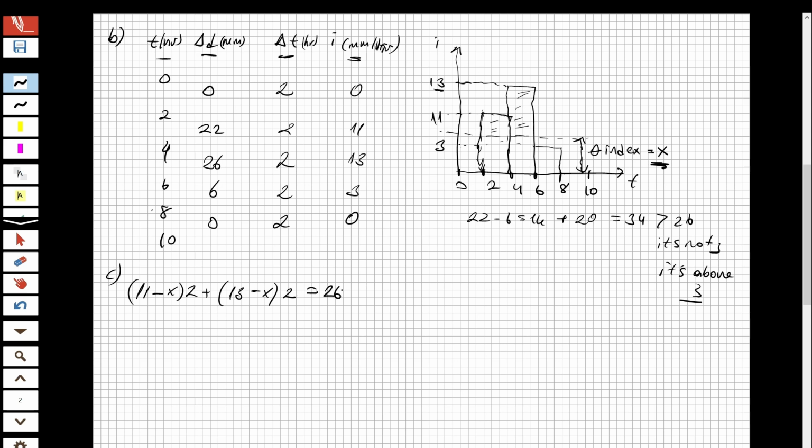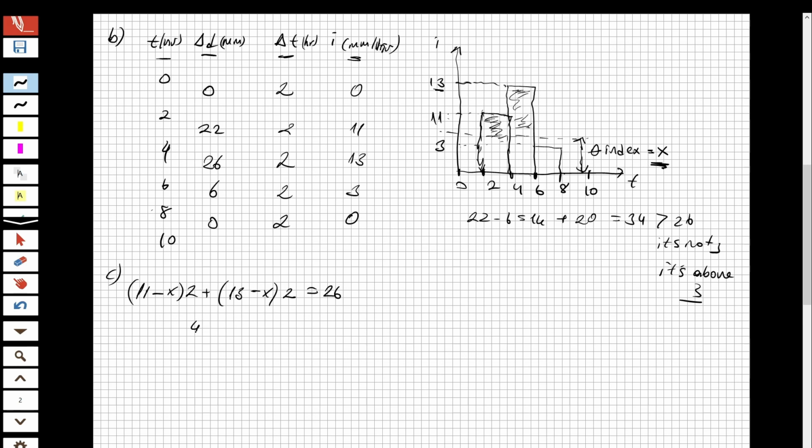multiplied by 2 equal to 26. That's correct. Look at here, 13 minus x, this length multiplied by 2, and this area, plus this area, 11 minus x multiplied by 2, this is 2 hours, then it's going to be equal to 26, and the equation is right.